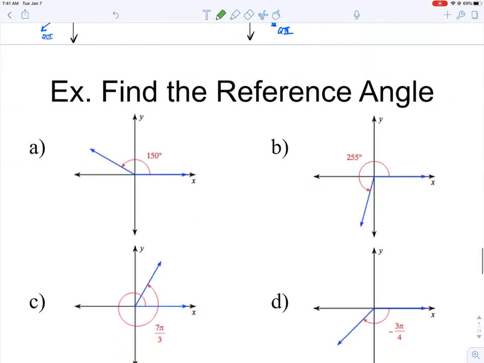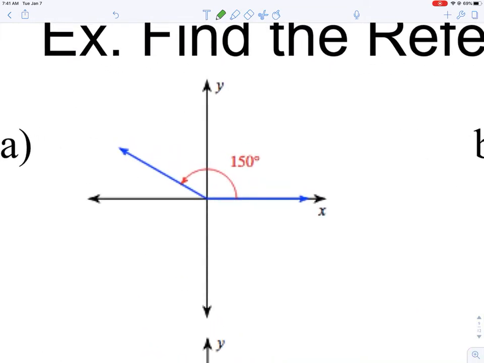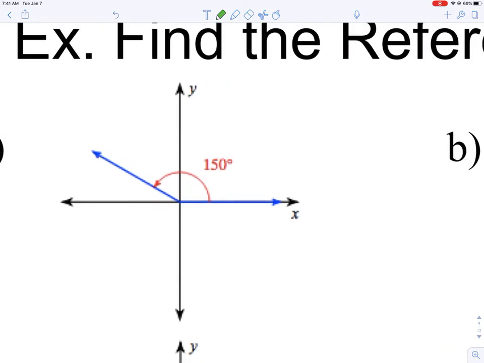All right, so let's find the reference angles for the angles that are given here. All right, so 150 degrees. 150 degrees terminates in quadrant 2. You can draw it. This is going to be theta ref.